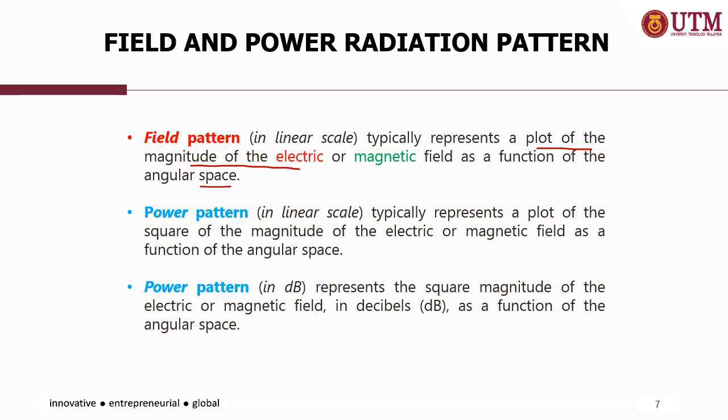For power pattern, either in linear or in dB scale, it represents a plot of the square of the magnitude of the electric or magnetic field as a function of angular space. If this is in dB, the square of the magnitude will be in dB as well.